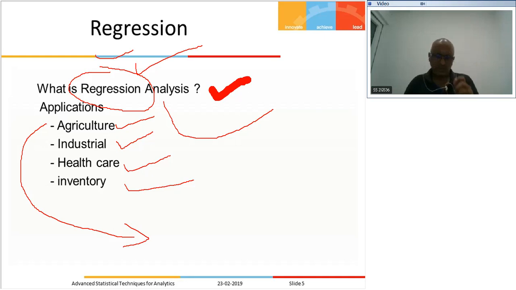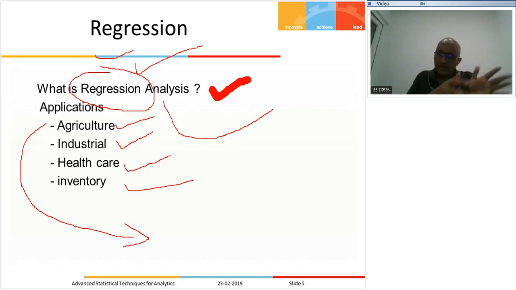A very simple example. Suppose I say, if you attend classes regularly, your performance will be very good. Suppose that is an assumption that I had as a teacher. If you are regular to the class, then your performance will be very good. That is my assumption, that these two are proportional. Then how to find out?